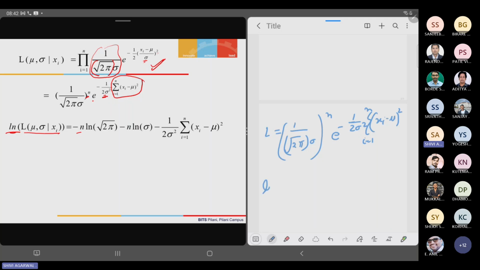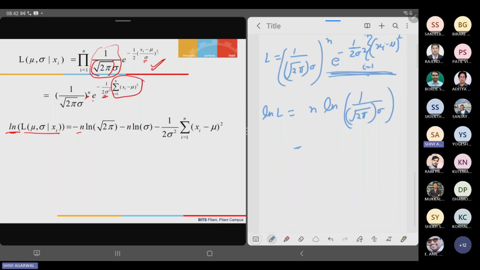So now we are taking the logarithm. ln of L will become n times logarithm of 1 upon square root of 2 pi into sigma, minus, because we are taking the logarithm of the exponential function, logarithm of e is 1, so 1 upon 2 sigma square summation i equal to 1 to n xi minus mu whole square.